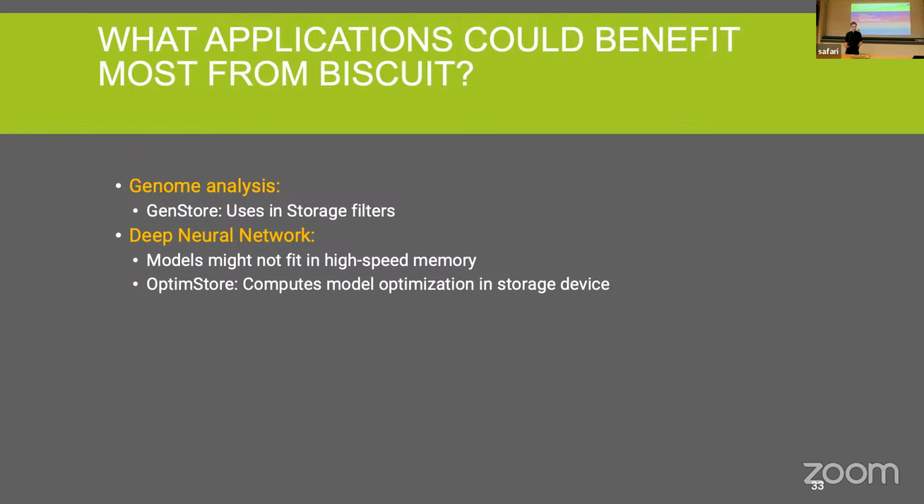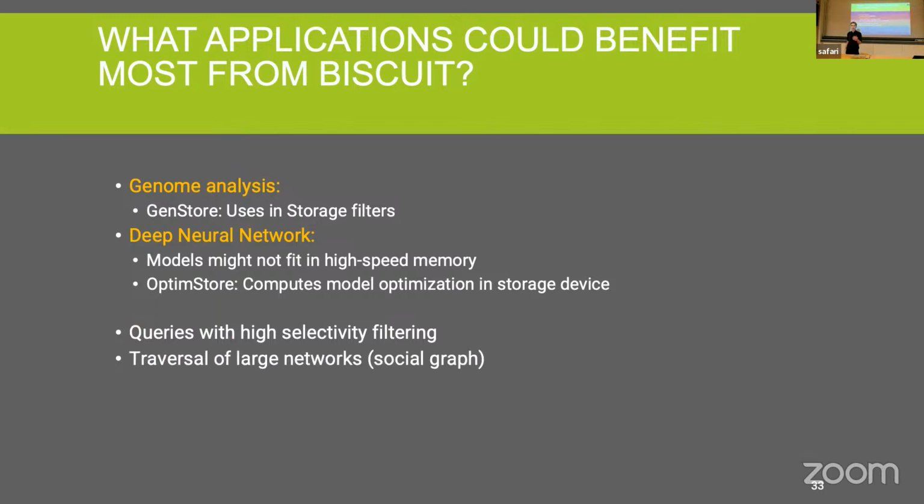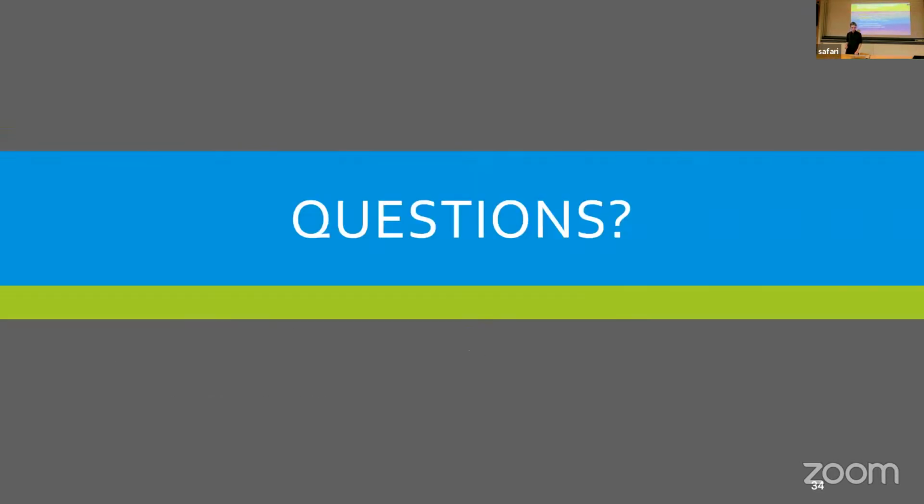And then things like OptimStore could come to use, which computes model optimization in storage, which optimizes performance. And also queries with high selectivity filtering, which was the example with the MariaDB database, traversal of large networks, graphs, social graphs, and maybe also distributed computing, with a lot of separated storage nodes, so that you can reduce data transfer.